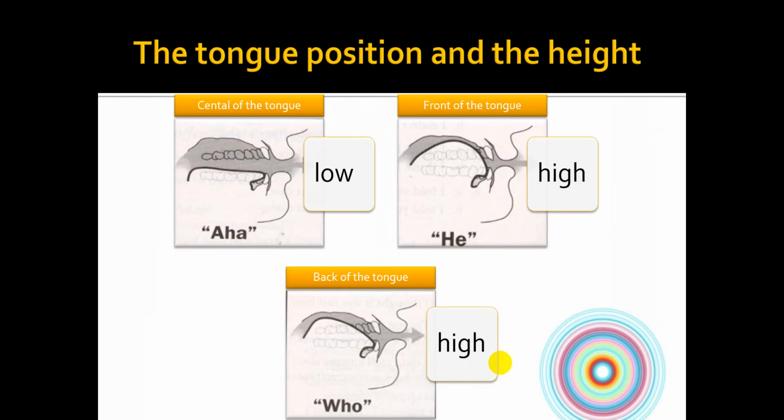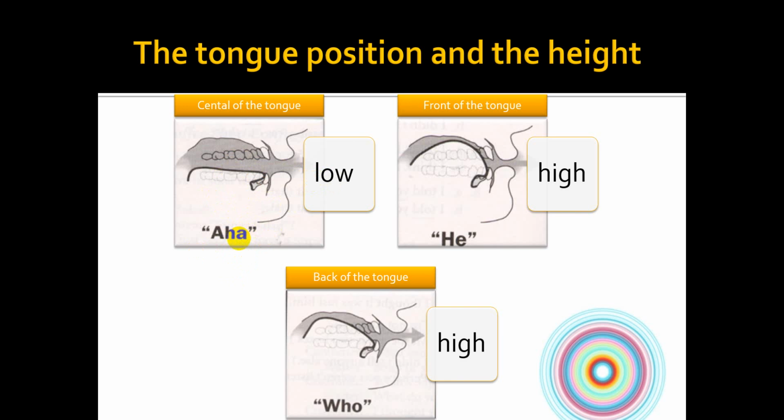Look at the pictures. In the first picture, the part of the tongue which is raised is the central part, but it is very low. Relatively open, very low. So this is the example when we want to produce the sound ah, as in the word aha.